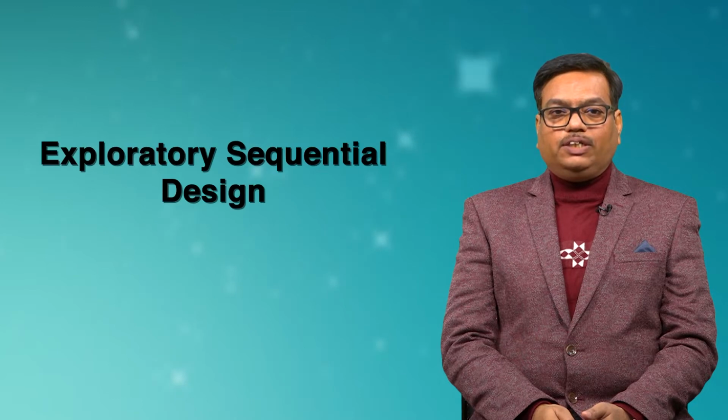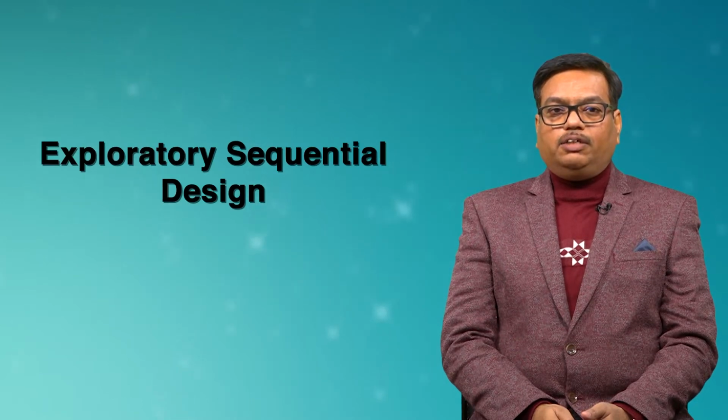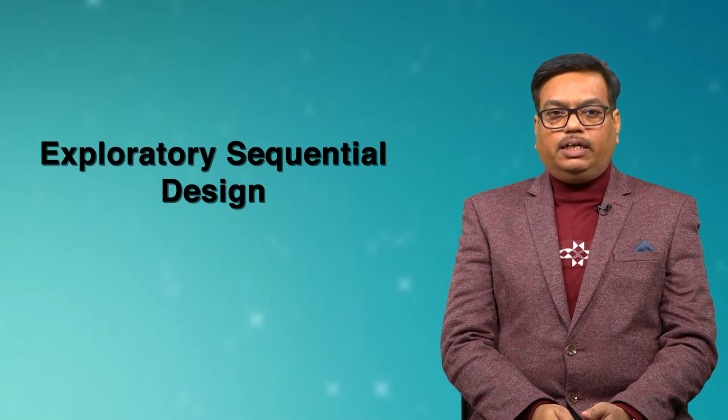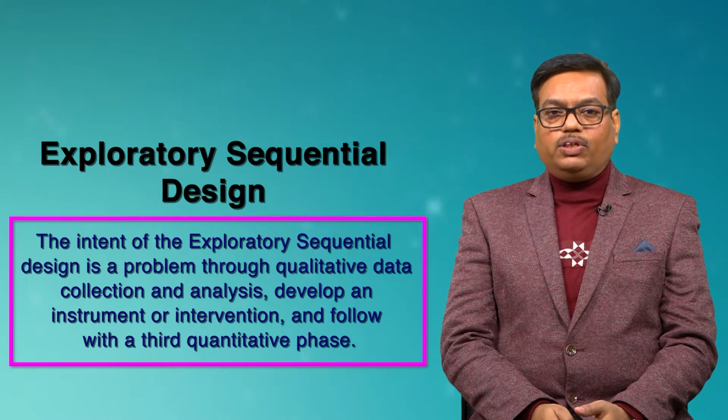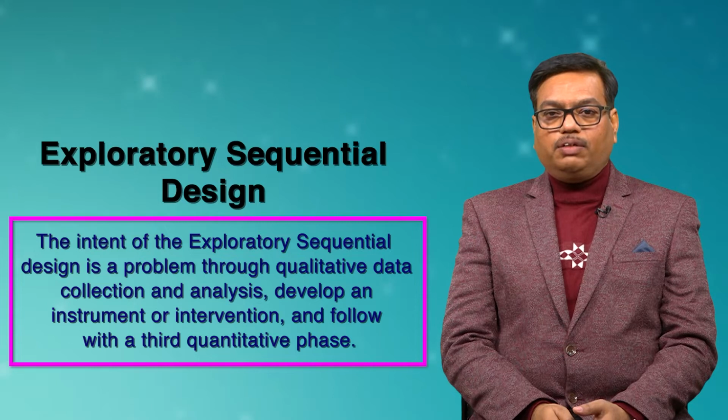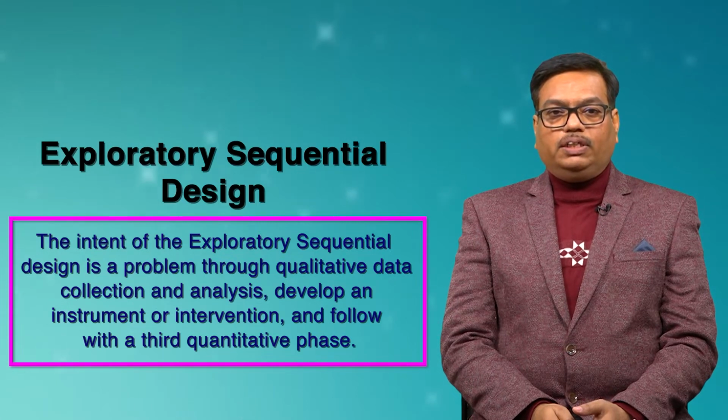And our third design is exploratory sequential design. Earlier it was explanatory sequential design, and now it is exploratory sequential design. Here there are two terms, exploratory, explore, and sequential. The intent of the exploratory sequential design is to explore a problem through qualitative data collection and analysis, develop an instrument or intervention, and follow with a third quantitative phase.